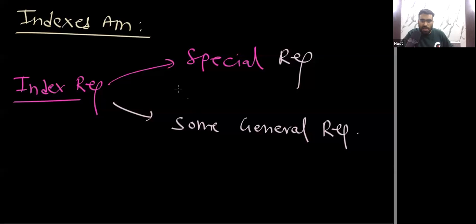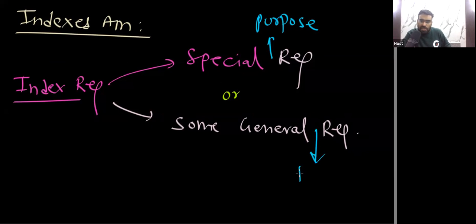Now you tell me, in which case don't we have to specify the index register in the instruction? Remember, the index register can either be a special purpose register, or some general purpose register acting like an index register.